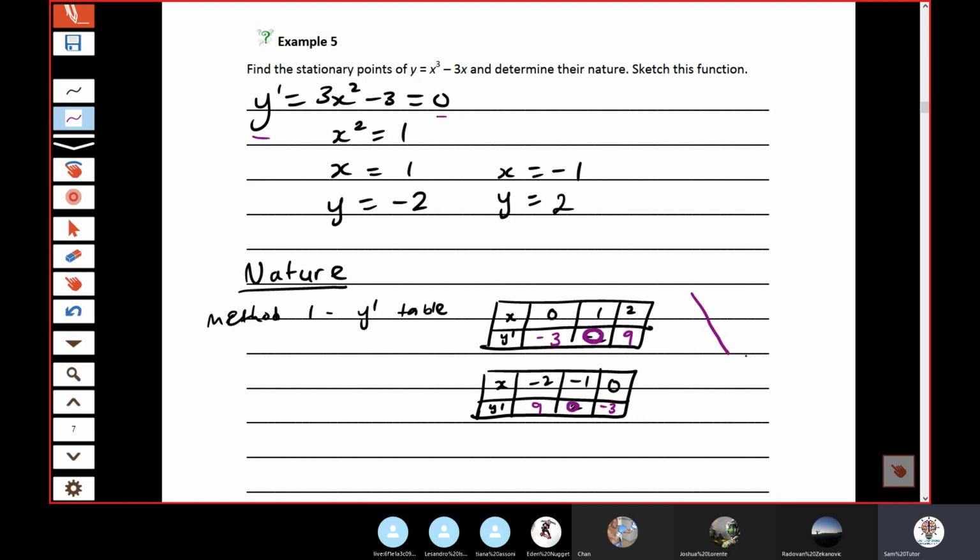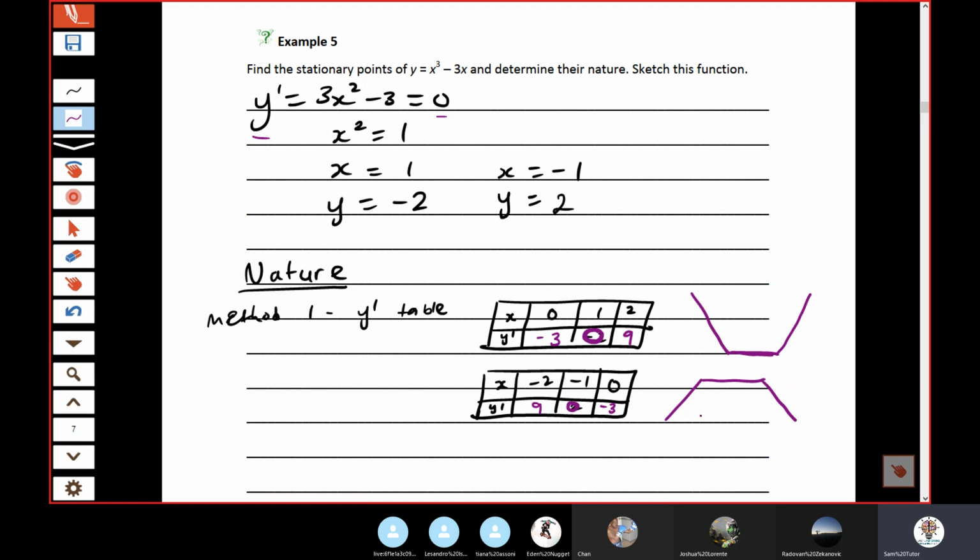Y dash is 0. So 0, and then y dash is positive. Don't worry about the number. Positive. So how does that look? Boom. And then same thing here. Y dash is positive, 0, negative. Yes? 100%.